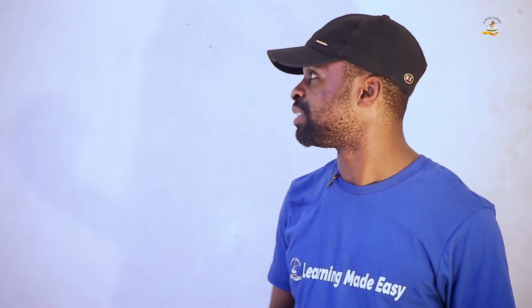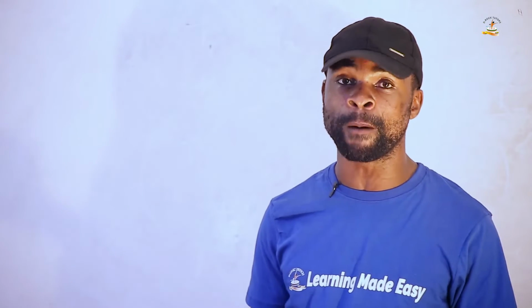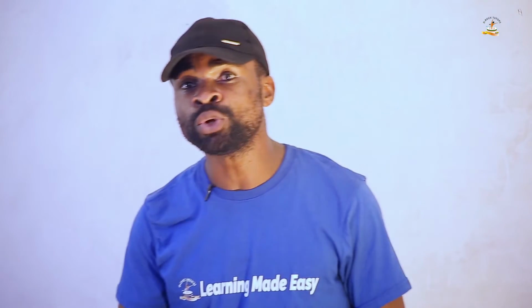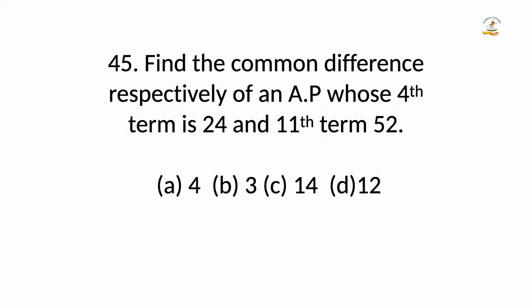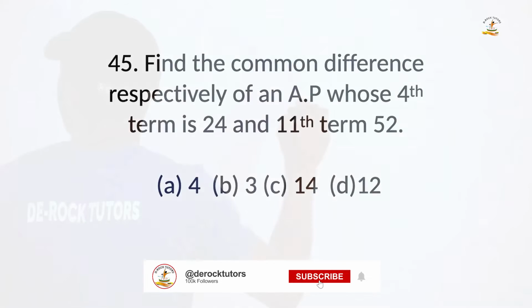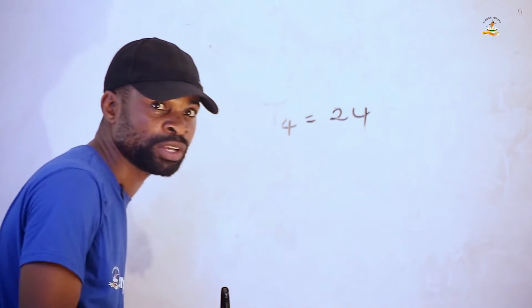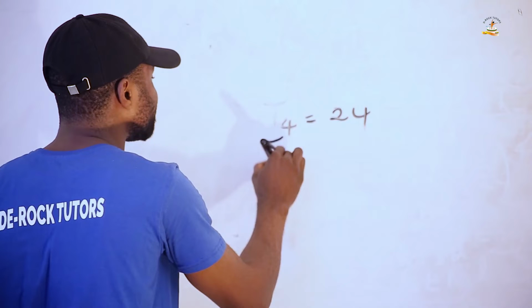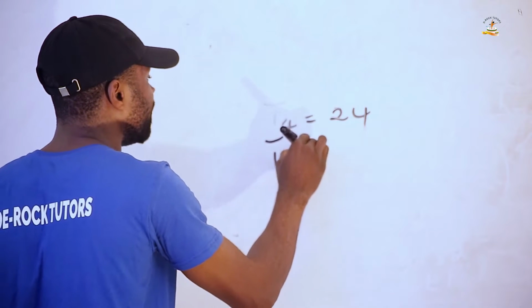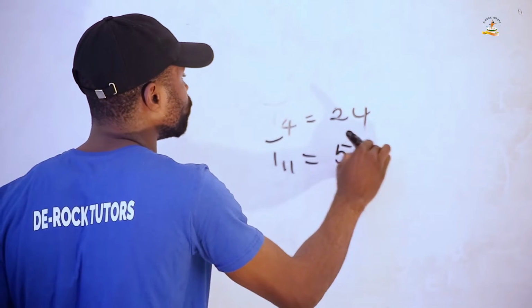The second is the fourth term and its value is 24. The fourth term is given compactly as T4, and it is 24 according to the statement of the problem. And the 11th term is given as T11 and the value is 52.